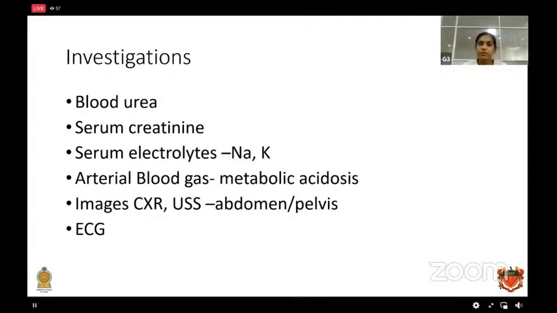Chest X-ray, maybe you can detect fluid overload or pleural effusion. Ultrasound scan for any obstruction to the urinary tract, and X-ray KUB if indicated. You have to find the cause and identify the complications, so that's why investigations are important. ECG again, maybe to find out cardiac involvement and hyperkalemic changes, which you can detect from the ECG.